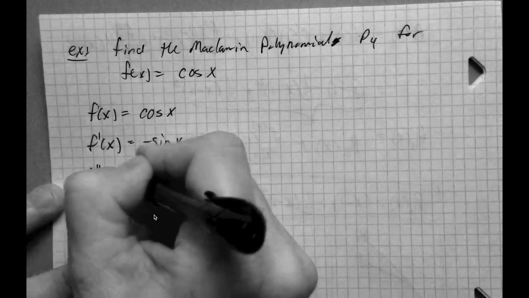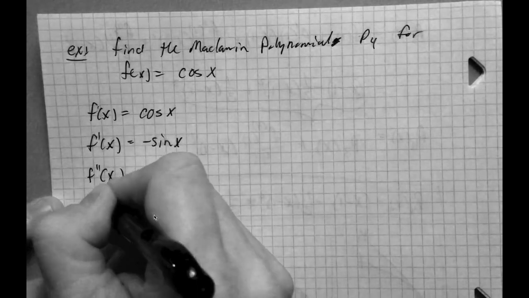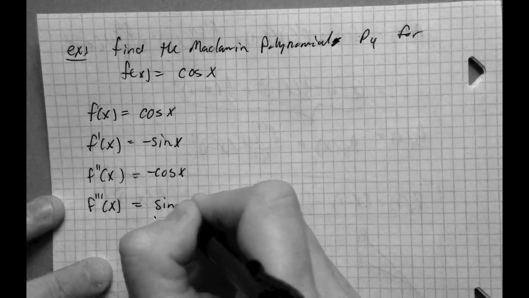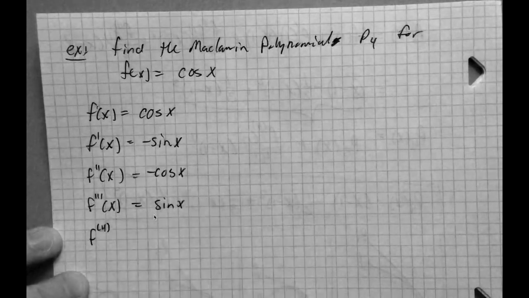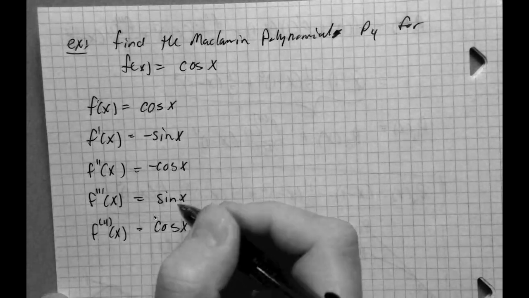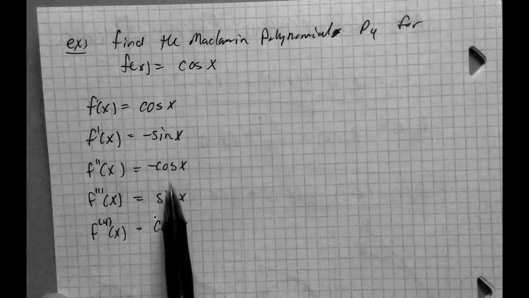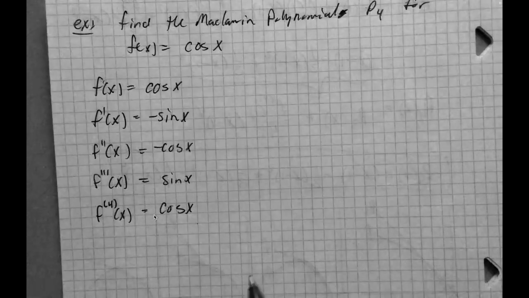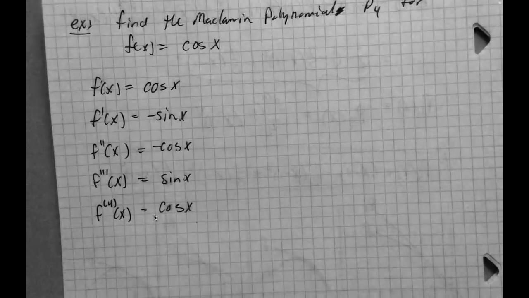F double prime of x would then be the negative cosine of x. F triple prime of x is going to be equal to, now it's going to flip, a negative times a negative makes a positive again, and then the fourth derivative is going to be cos x. Okay, and you can see that once you're back to cos x, you're just going to continuously repeat this, right? So you could quickly identify the coefficients for really high degrees if you wanted to, because this one has a pattern.